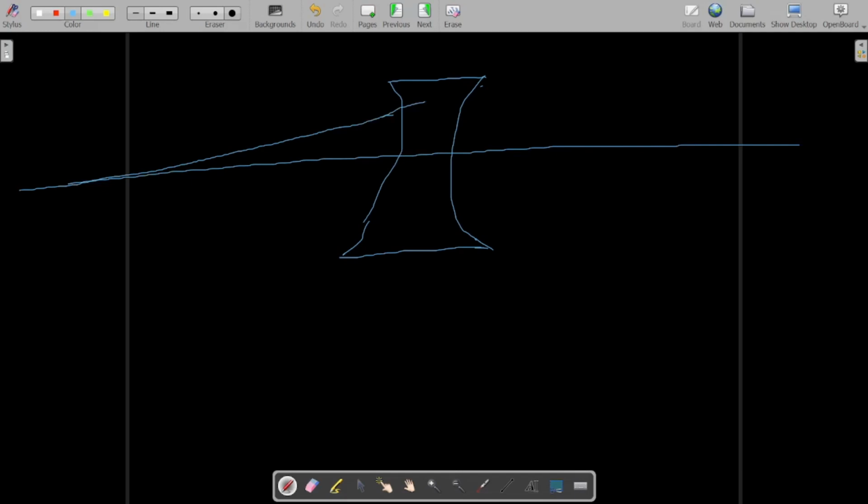Your paraxial ray will come like this and will diverge from here. Similarly, another paraxial ray will come from here and will get diverged from here. So a virtual image will be formed over here, not a real image. In that particular case, no real image is formed, only a virtual image.